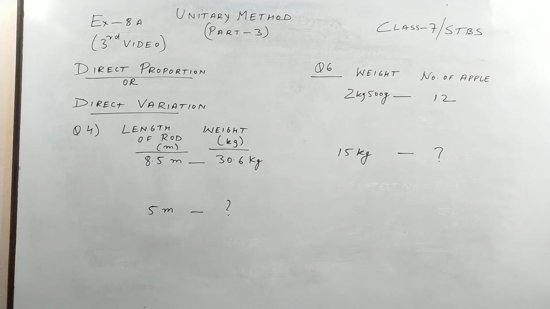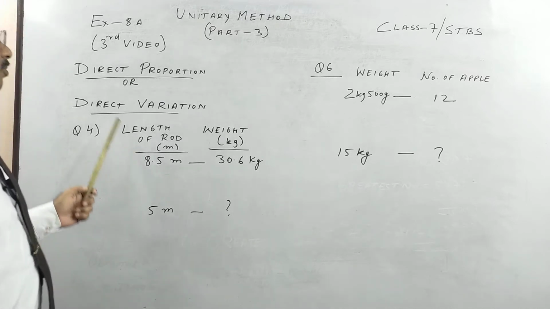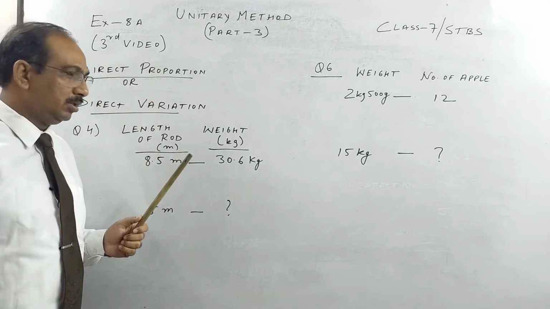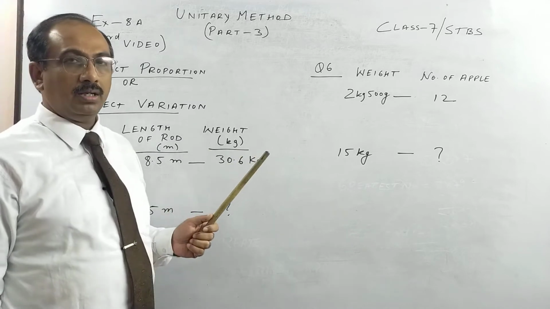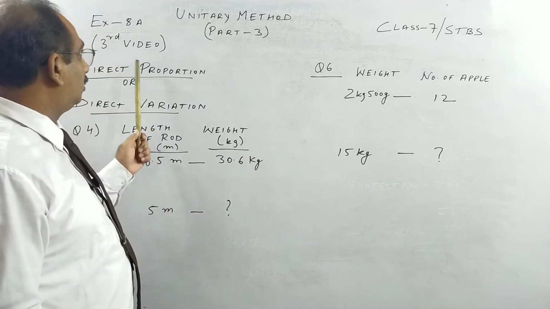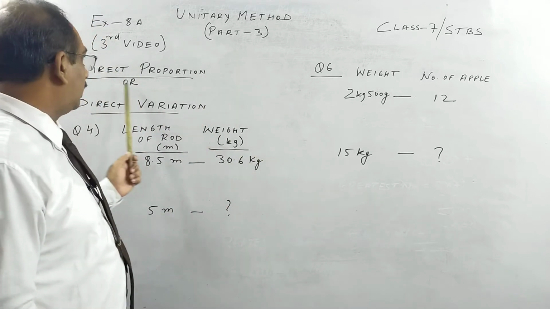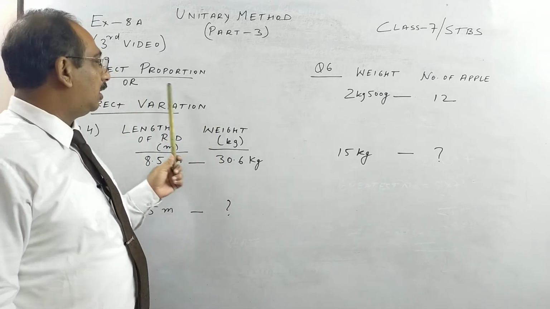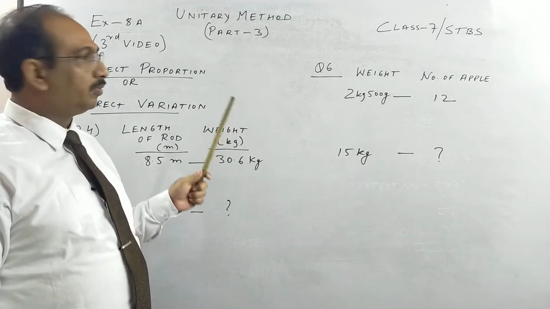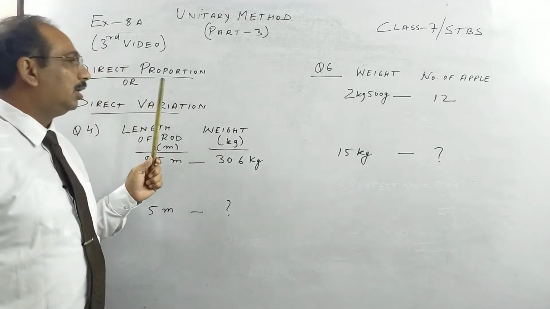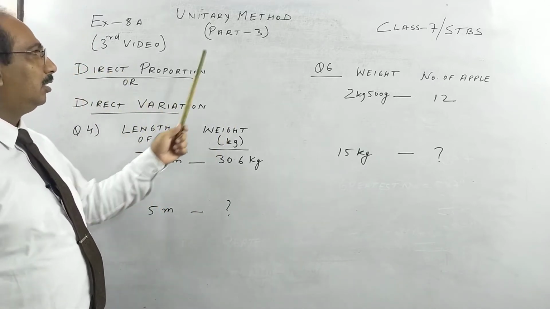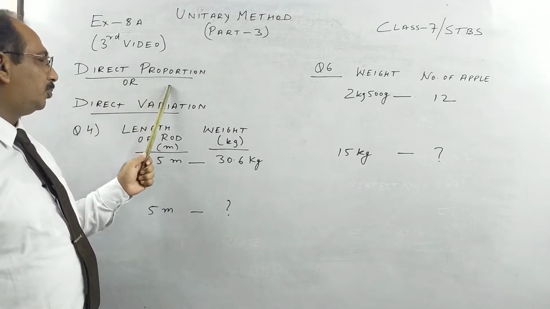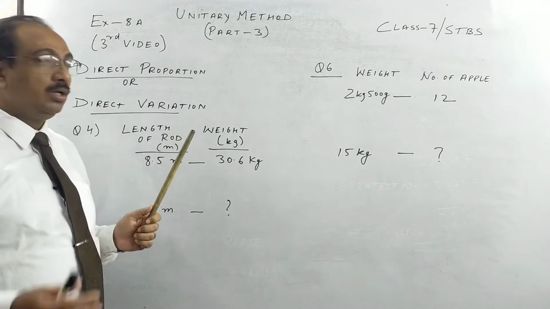Hello children. So here we move on to the third video lesson on unitary method, and this may be my final video lesson. In part 1 I taught you direct variation. I gave you the full concept and did two sums, question 1 and 2, and then in part 2 of my video I showed inverse proportion or inverse variation.